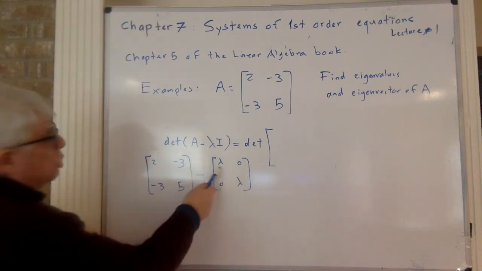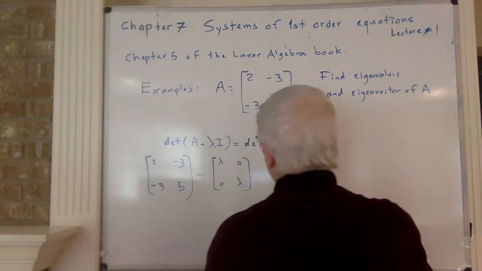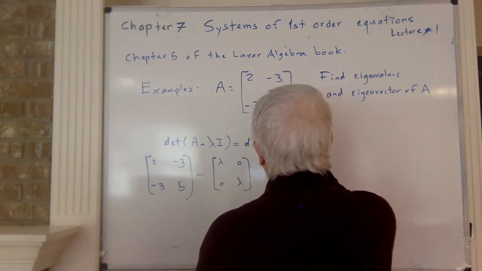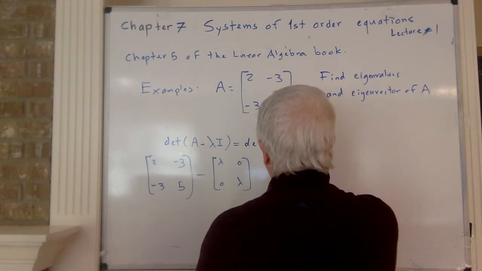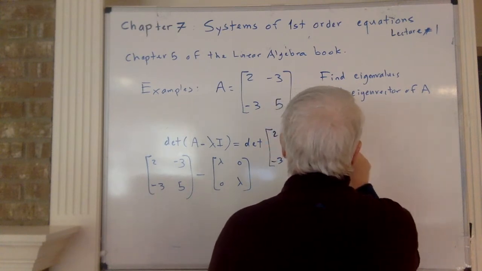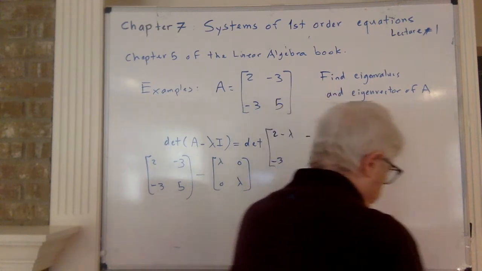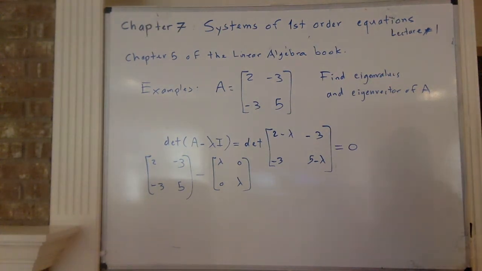So this lambda is subtracted from the diagonal. The rest stay the same. So it's the determinant of 2 minus lambda, -3, -3, 5 minus lambda.